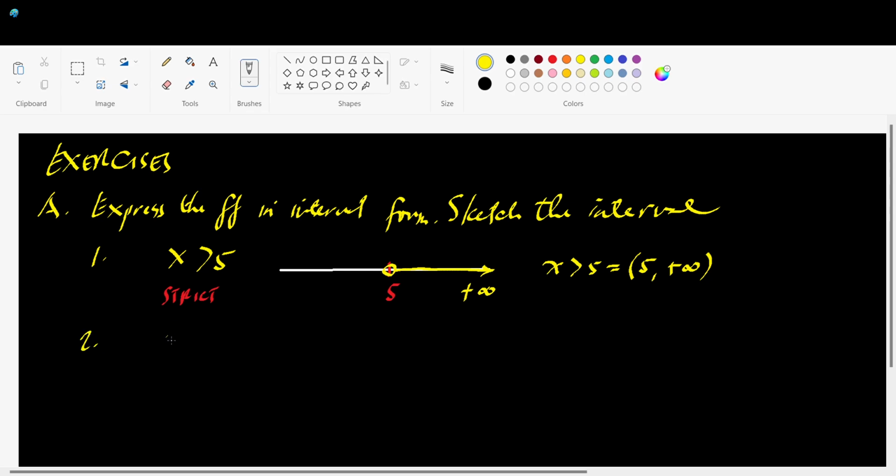Next, 3 is greater than or equal to x. Once again, let us indicate the interval in the number line. We indicate the number 3. It is a non-strict inequality and it includes the number 3.